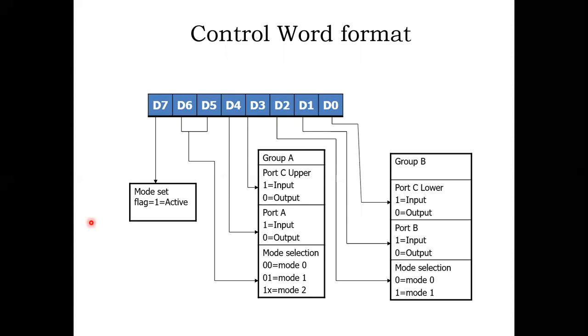Mode selection also uses 0 and 1. Then group A, port C upper: 1 means input, 0 means output. This is the port A condition, same as the mode select. If D7 is 1, then only the remaining values will be enabled.